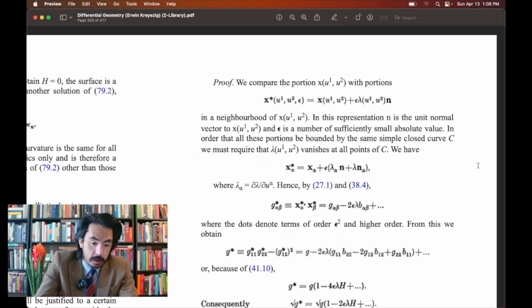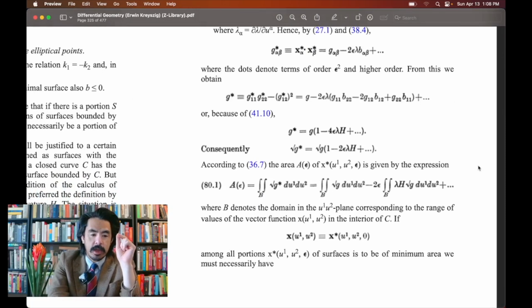So hence by those we have that g star sub alpha beta is equivalent to the scalar product of x star sub alpha with x star sub beta, which equals g sub alpha beta minus 2 epsilon lambda times b sub alpha beta plus etc., where the dots, where I said etc., denote terms of order epsilon squared and higher order.